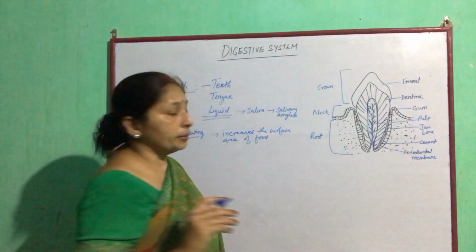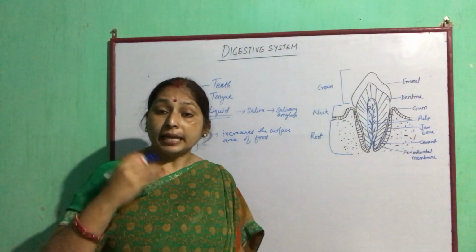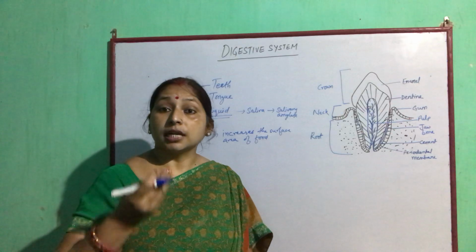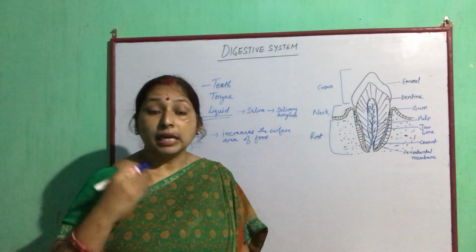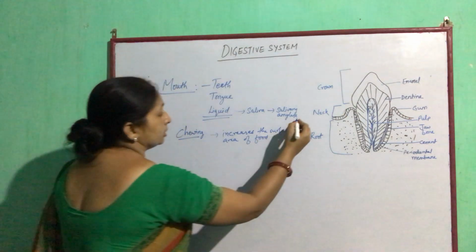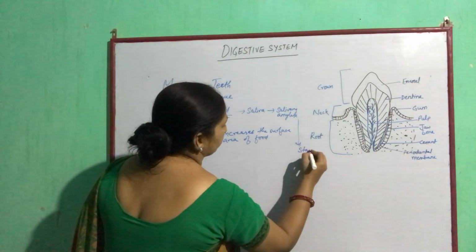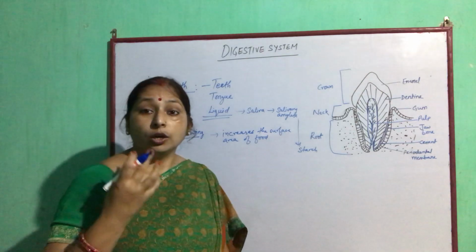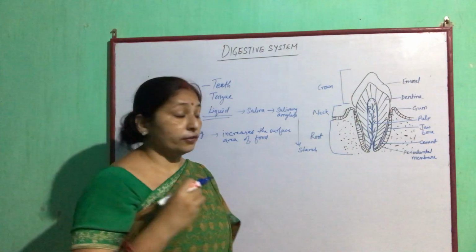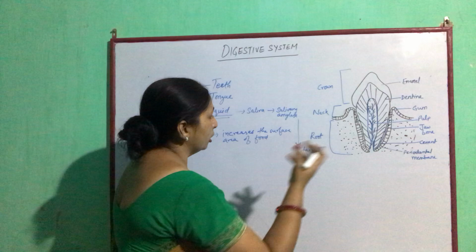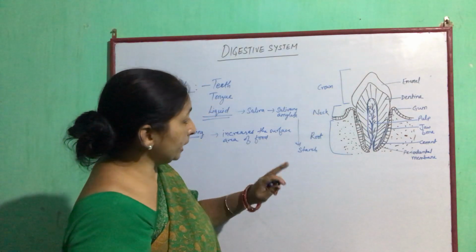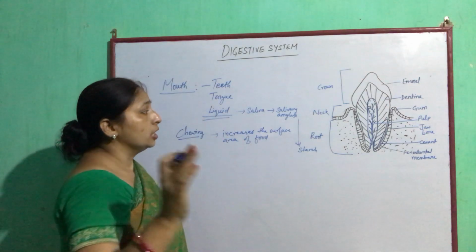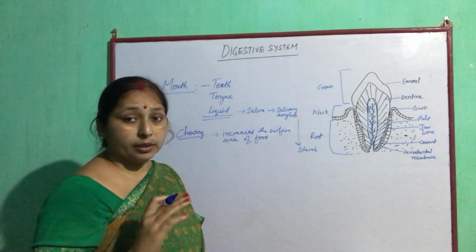Salivary amylase plays an important role in the digestion process, and digestion starts from the mouth itself. It helps in the digestion of starch. Starch digestion starts inside the mouth, where starch gets converted to maltose, a disaccharide. So with saliva and salivary amylase, the first stage of digestion starts in the mouth.